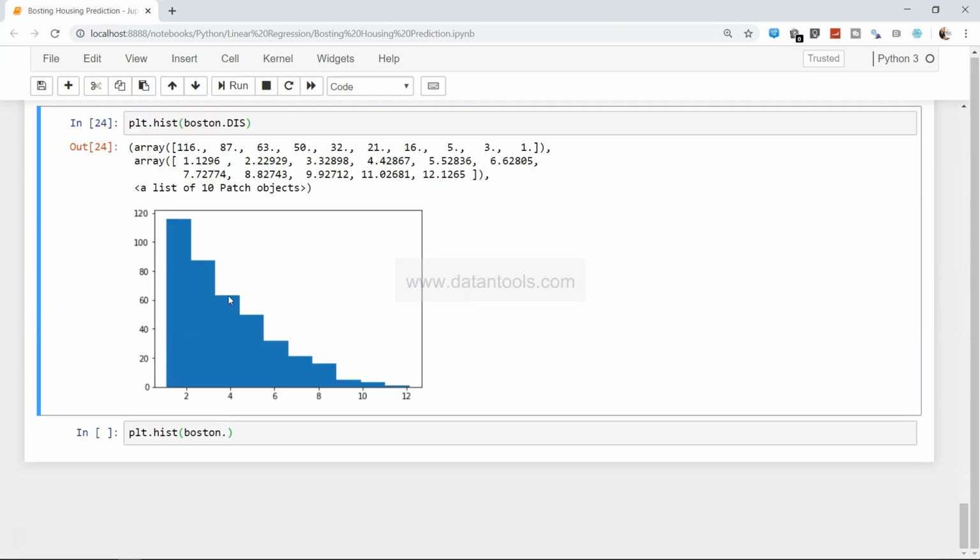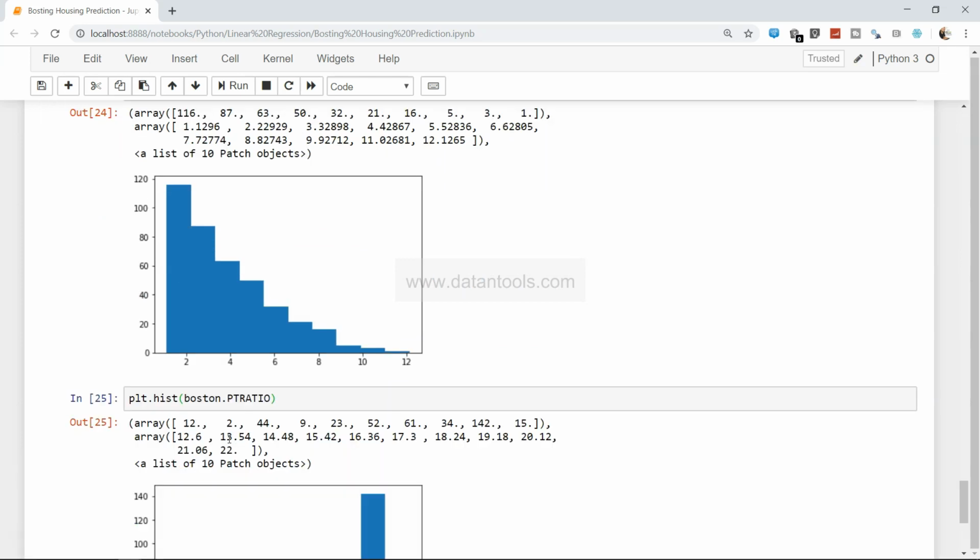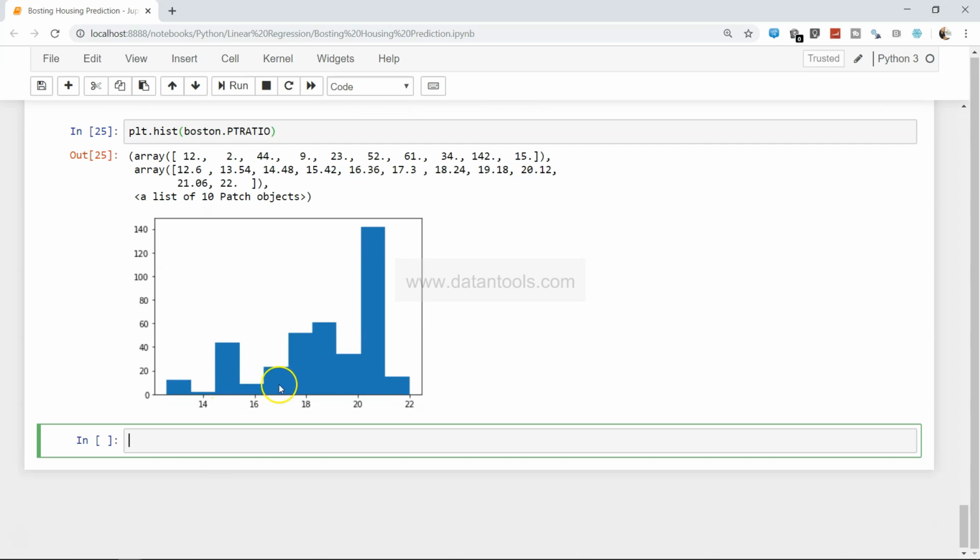All right, let's come down. Dot PT ratio, and that is heavily left skewed, as you can see. Okay, so let's move on and also just try to understand the correlation between the values that we have.